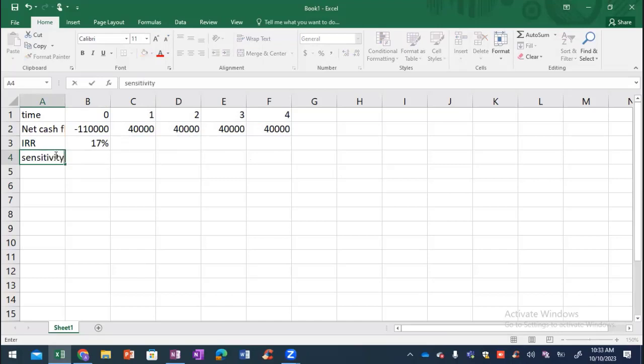Sensitivity percentage: 17 minus 10, bracket close, and simply divide by 10. We're getting 0.7, which means the percentage is 70. So if the cost of capital changes by 70%, then obviously NPV becomes 0.